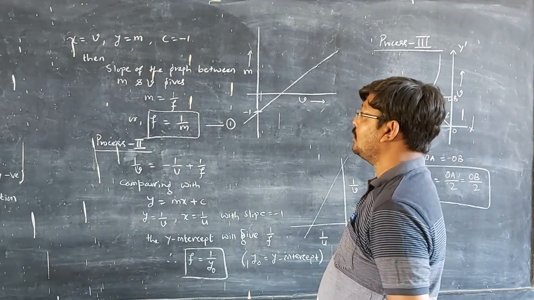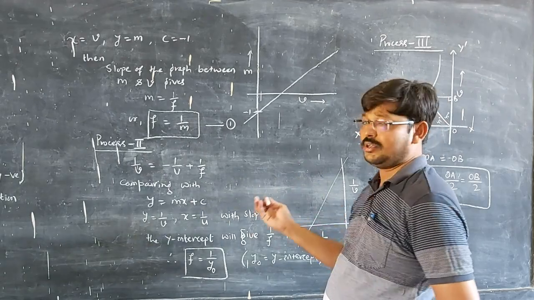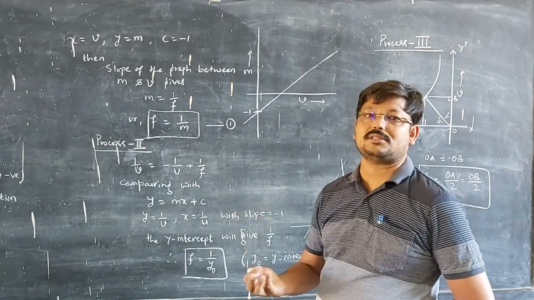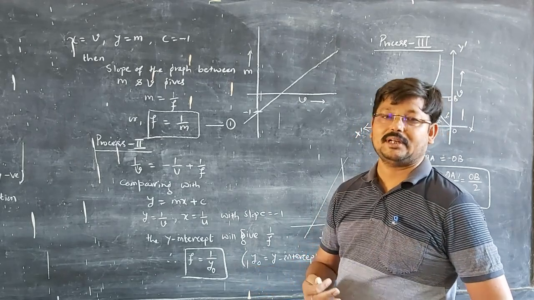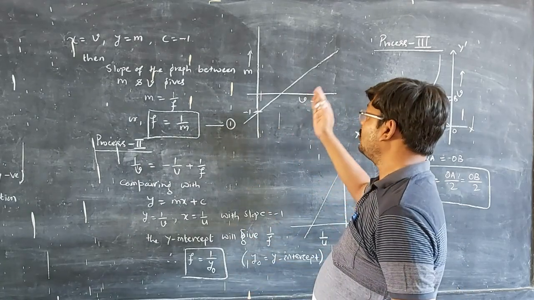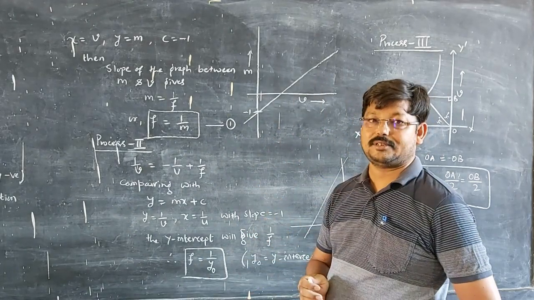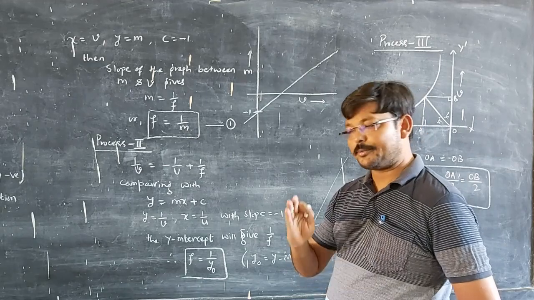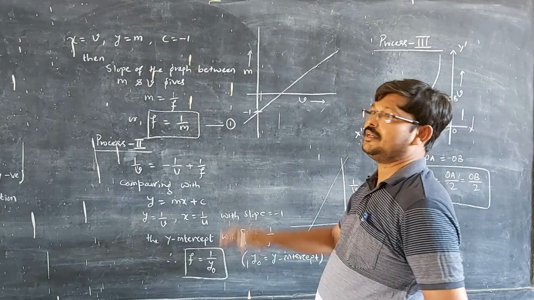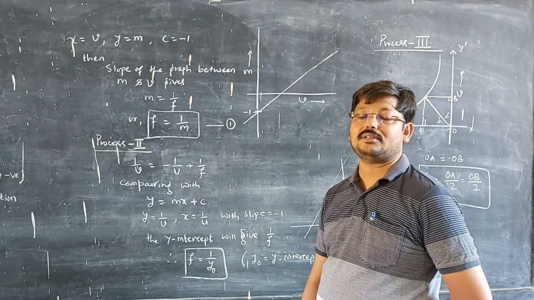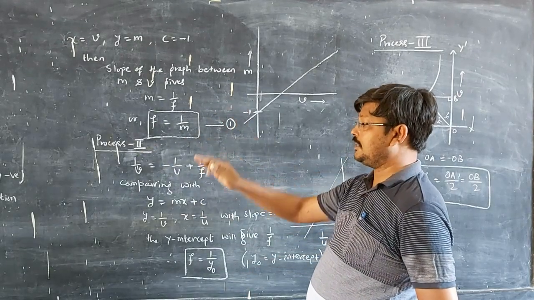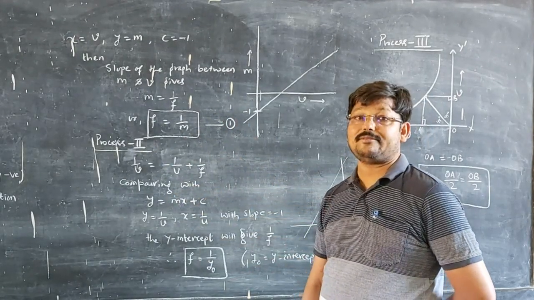But one thing we need to be very sure of, so many videos are available on YouTube, but the precautions are hardly explained in those kinds of videos. So here I will tell you, when you plot the line of best fit for the given data, you have to be very sure that the line drawn must be intersecting the y-axis at minus 1, because if you see the equation, we are getting m equals to v by f minus 1.